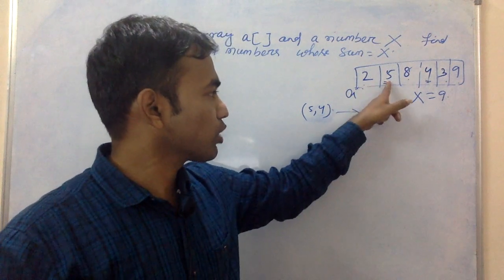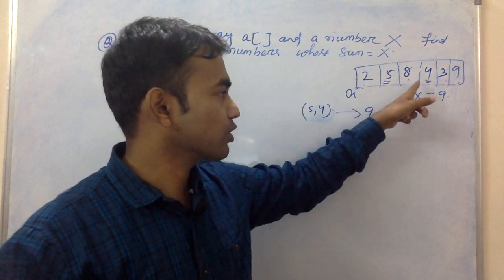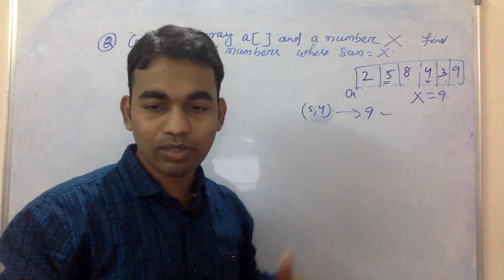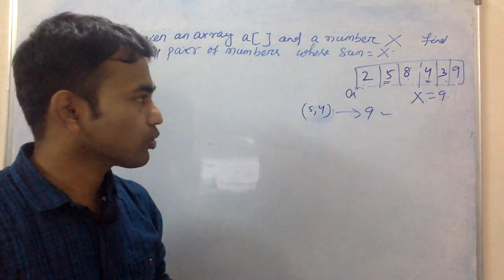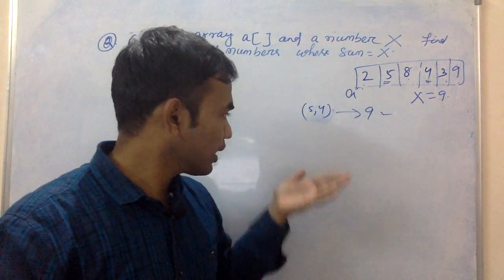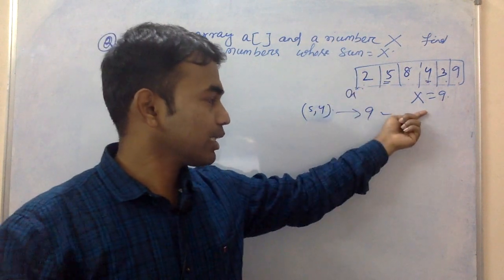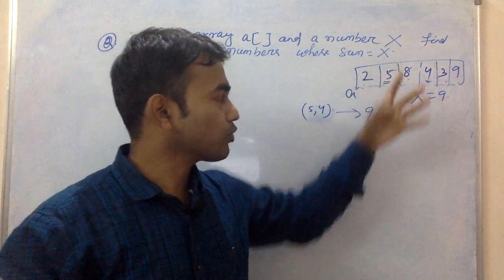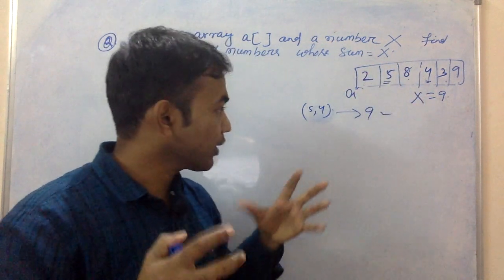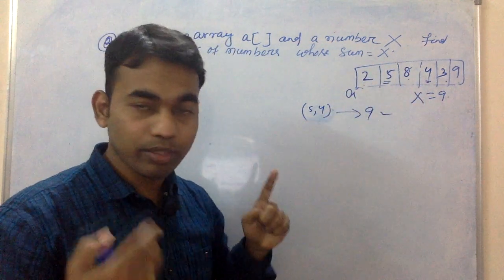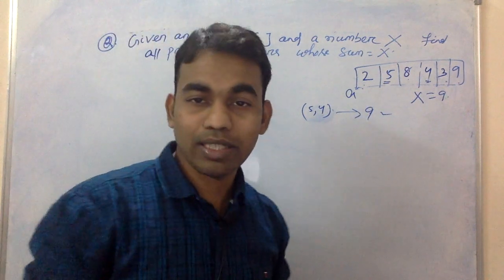No, because 2 plus 5 is not 9, 5 plus 8 is not 9, and if you calculate the others, the sum is not 9. So the question is: given an array and x, find all pairs of numbers whose sum is 9.